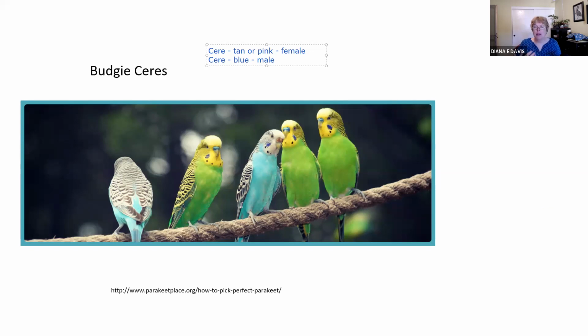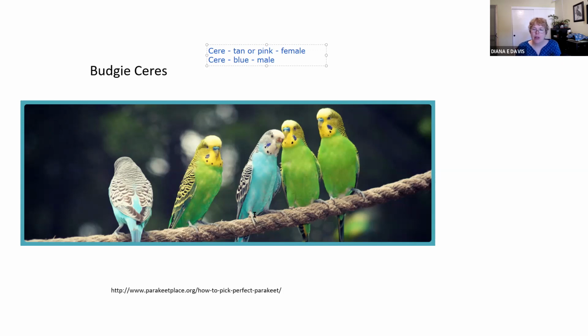Now, some colors of budgies, the ceres don't reflect this accurately. So some of the white strains in particular, the ceres color won't be quite accurate. But for the more typical, boldly colored individuals, the ceres will tell you that.